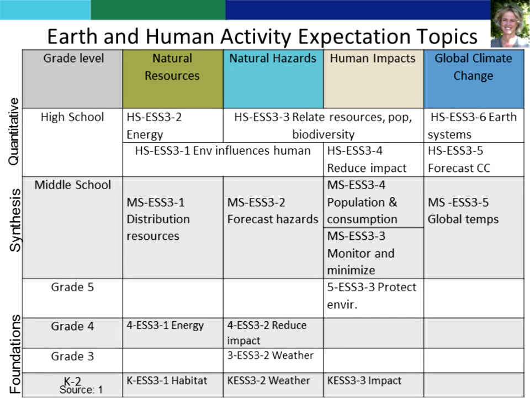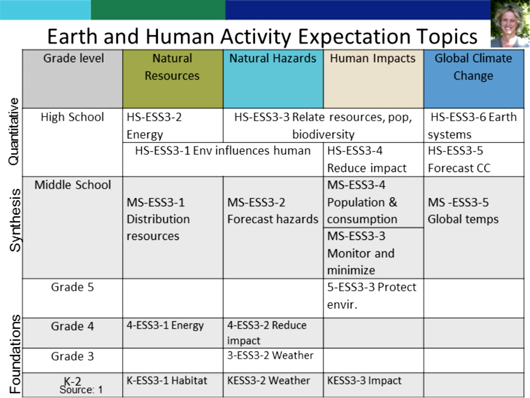Okay, so this is my attempt at showing on one slide the progression of ideas or topics. I just pulled a word or catchphrase from the performance expectations to try and capture that across the grades as you go up. There's a couple of things to notice about this.